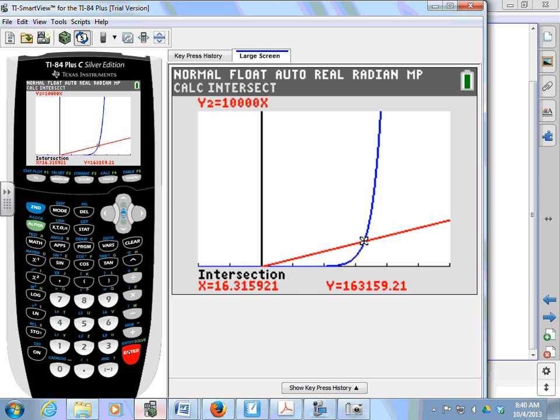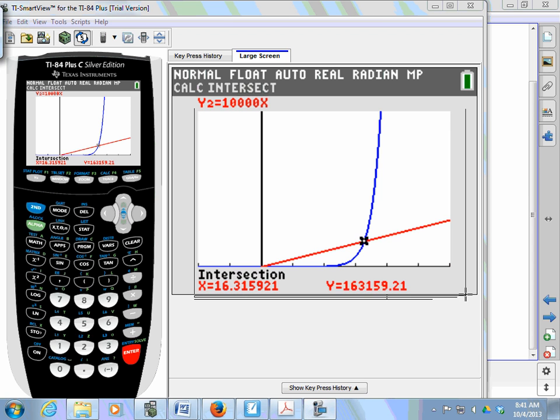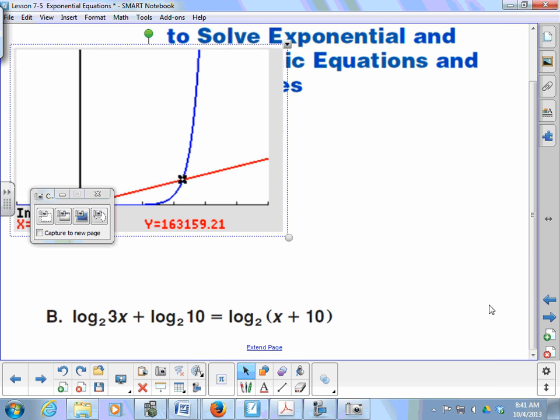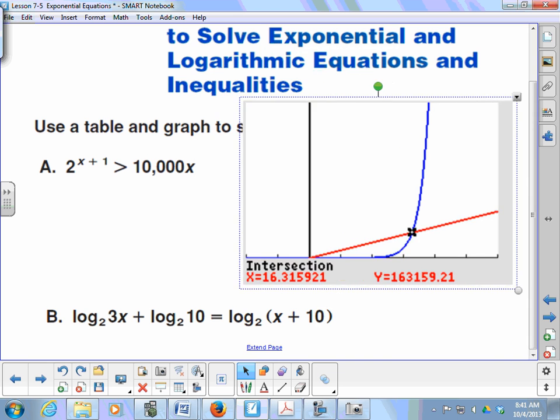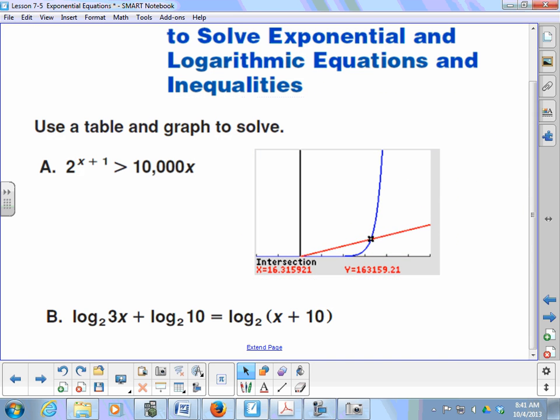Now, let's look at our question here. So the question is, when is 2 raised to the power of x plus 1 greater than 10,000 to the power of x?